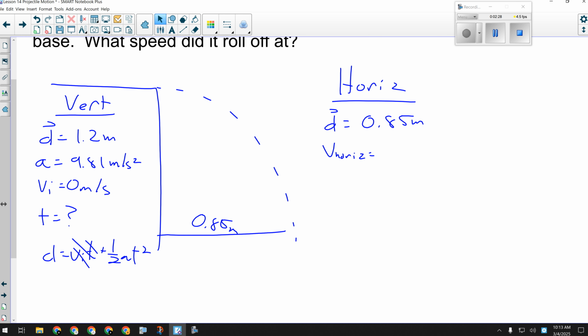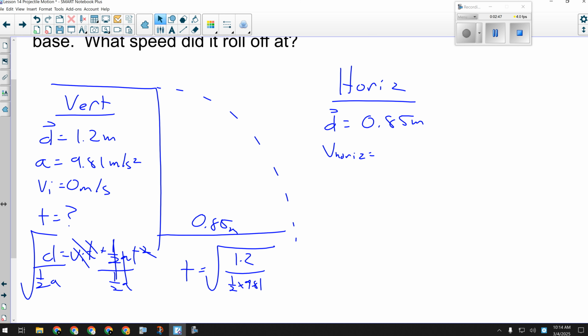Vi is 0, so we can. We're solving for t, so we'll divide both sides by half of a and square root that to get t. So t will equal the square root of 1.2 meters, the vertical displacement, divided by 1/2 times the vertical acceleration, 9.81 meters per second squared.